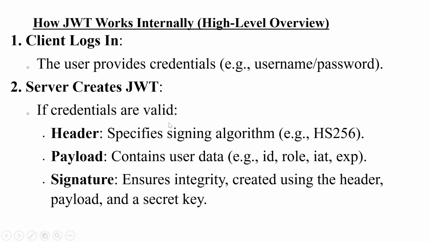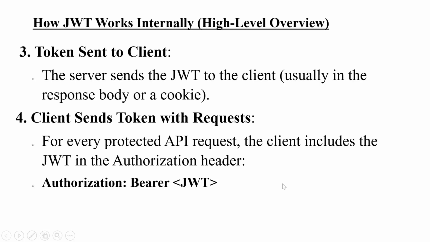If the credentials are valid, the header specifies the signing algorithm, e.g. HS256. The payload contains user data. The signature ensures integrity, created using the header, payload, and secret key. Token sent to client: the server sends the token to the client, usually in the response body or a cookie.